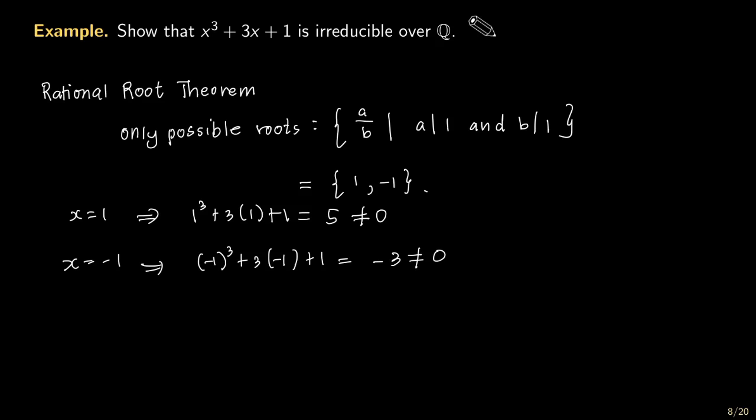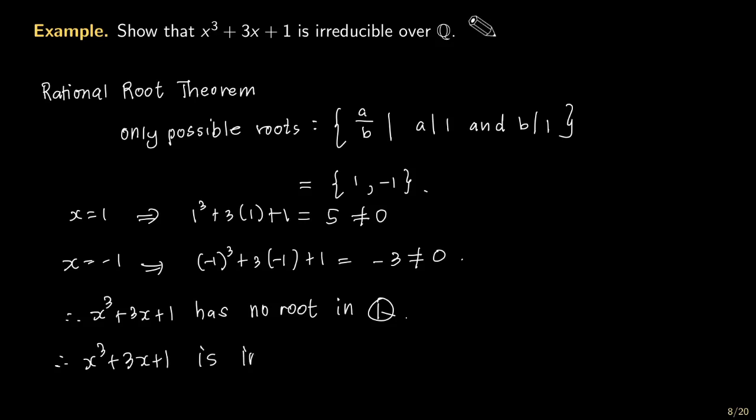It's also not 0. So because these are the only possible rational roots, and they are not roots, x cubed plus 3x plus 1 has no root in Q. Therefore, because this is of degree 3, by the previous theorem, x cubed plus 3x plus 1 is irreducible over Q.